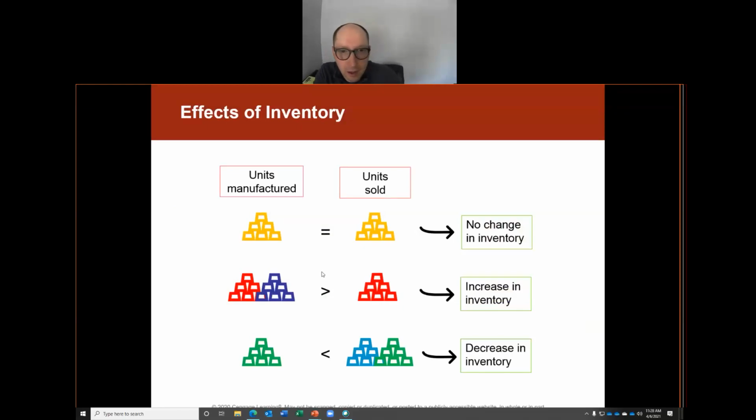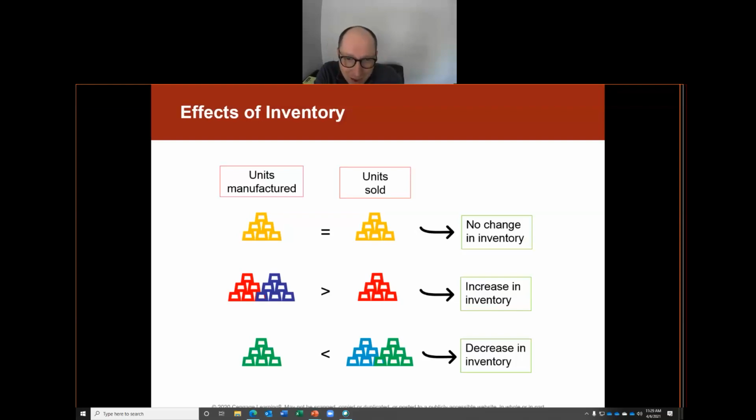This concept also helps management to understand the impact that variable cost has on inventory. So, here are the facts. If the units manufactured are equal to the units sold, then there's no change in inventory. That makes sense.